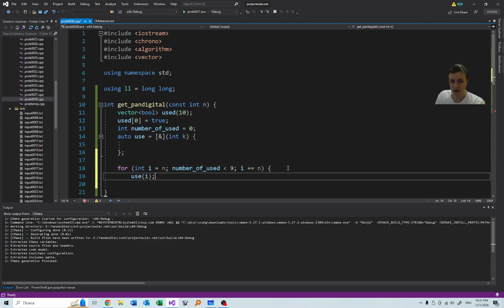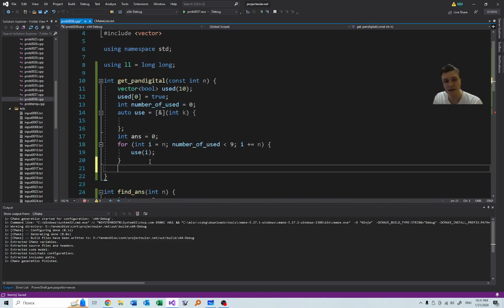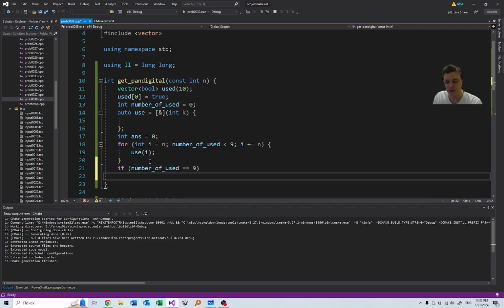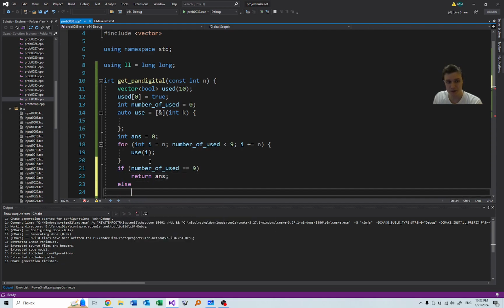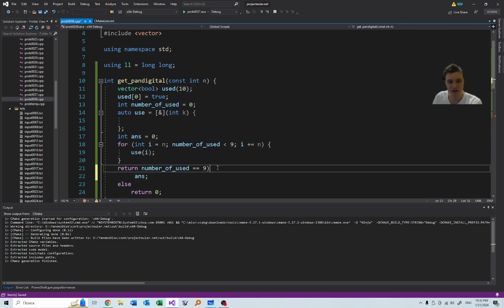And also in the number ans, we store the concatenation of all these numbers. So if in the end number of used is equal to 9, then it was a correct pan-digital number and we can return it. Otherwise, we return 0. Let's do it in ternary fashion.